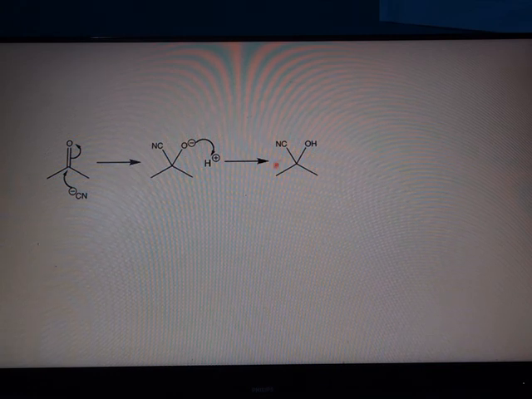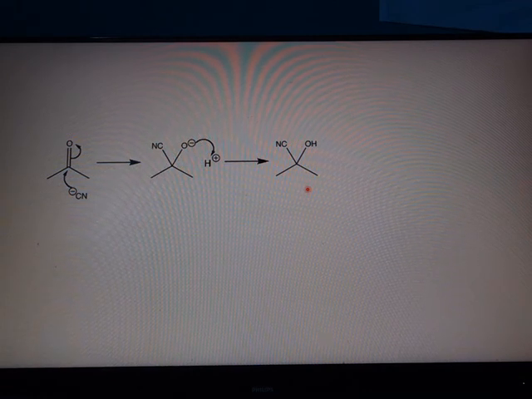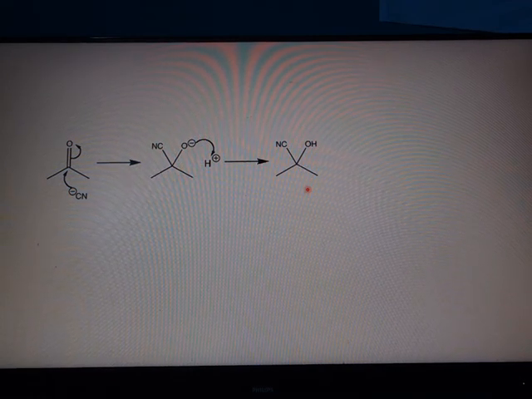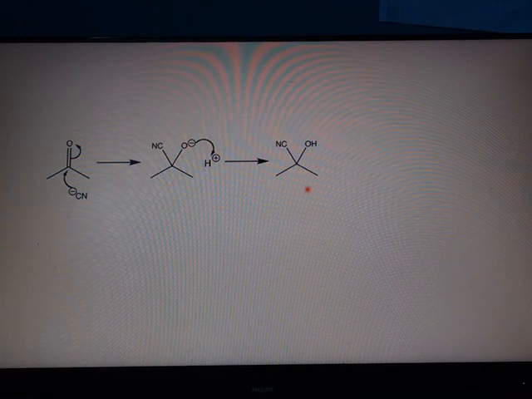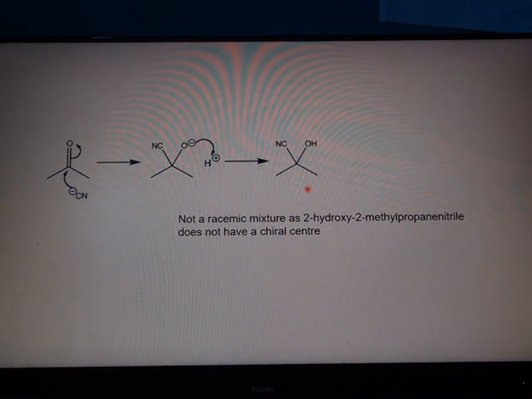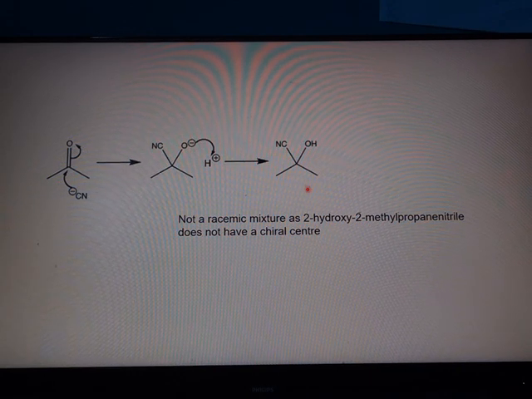So the 4 groups are not different. Okay, so it can't be optically active at all because it doesn't have a chiral center. So that doesn't form a racemic mixture either, because it doesn't have 2 enantiomers.